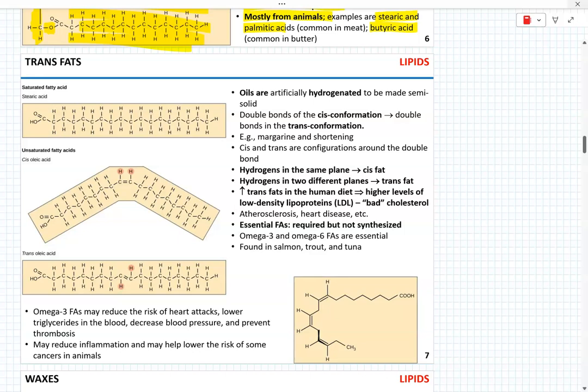Fats for a long time were believed to be detrimental to human health, but it is not as simple. Generally speaking, consumption of saturated fats does not contribute significantly to the risk of developing cardiovascular disease. Unsaturated fats actually decrease the risk of cardiovascular disease.